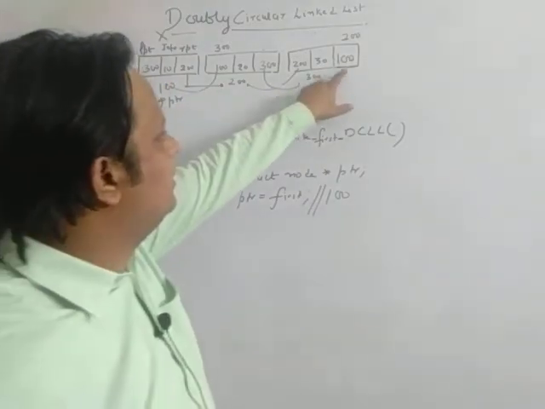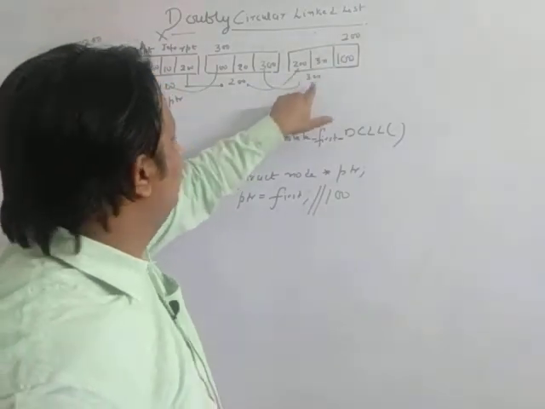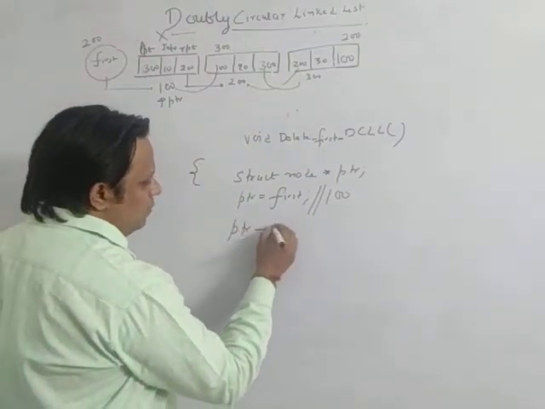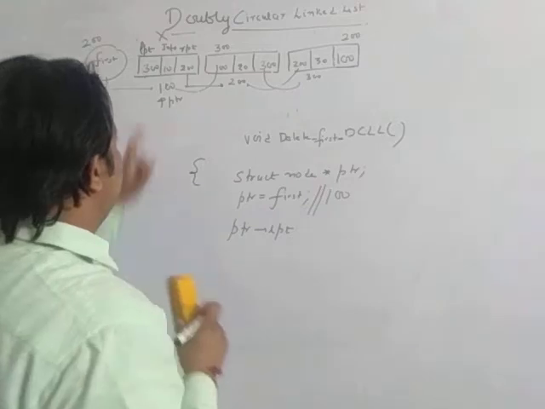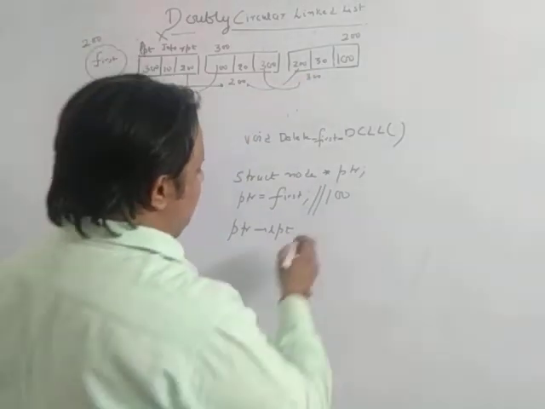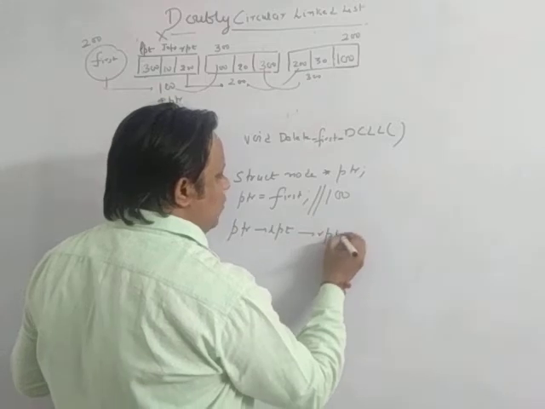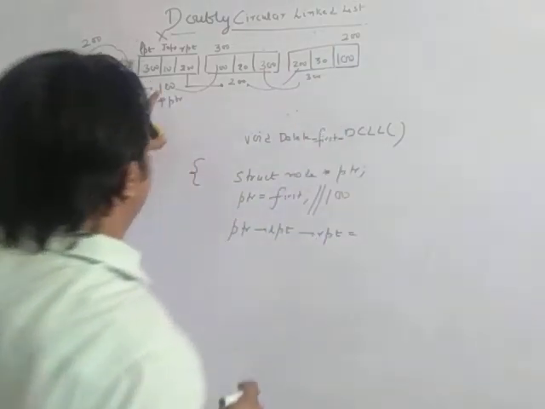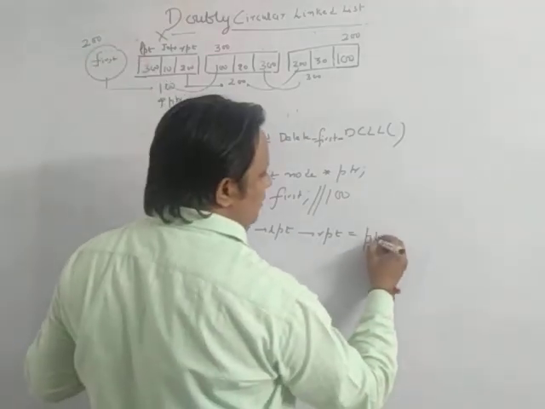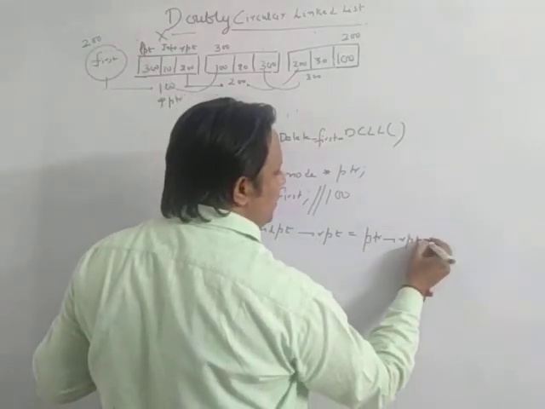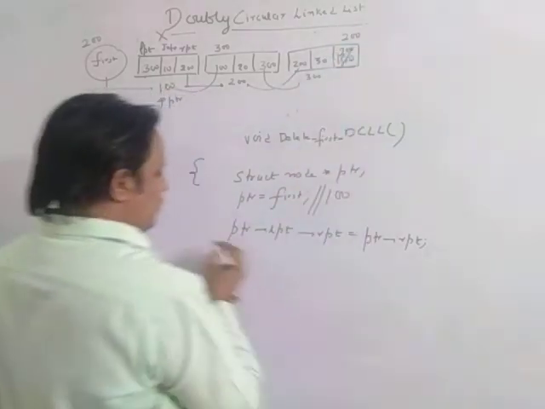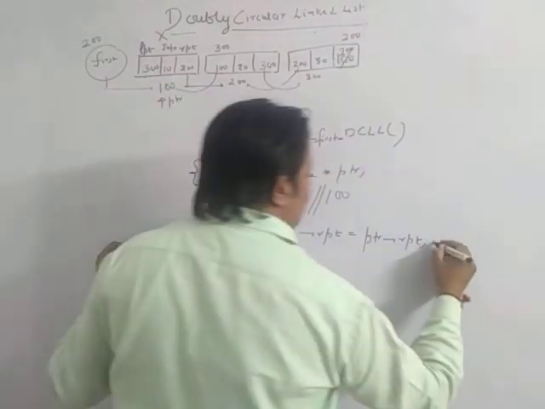So I want 200 here. In order to reach 200, I first want to target 300. So 300 I will get from PTR arrow LPT. When I write PTR arrow LPT, I will move to this 300. I want to change this RPT, and I want the address 200 inside this. So 200 is PTR arrow RPT. So now here 200. One change is done.